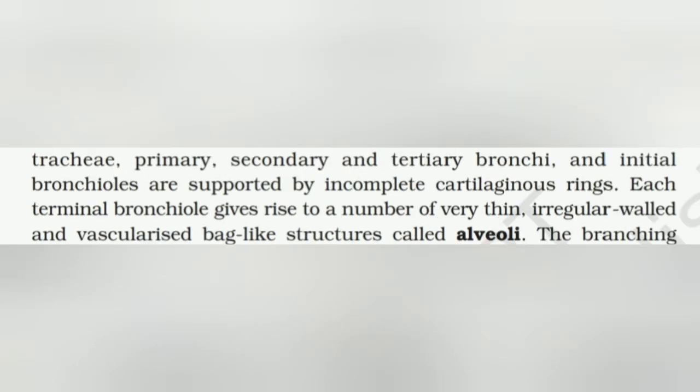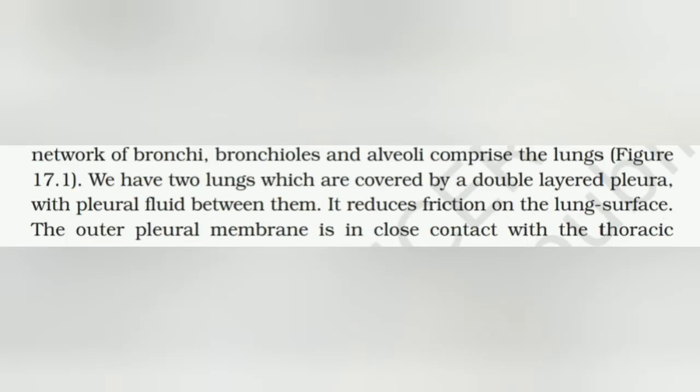The trachea, primary, secondary and tertiary bronchi and initial bronchioles are supported by incomplete cartilaginous rings. Each terminal bronchiole gives rise to a number of very thin, irregular-walled and vascularized bag-like structures called alveoli. The branching network of bronchi, bronchioles and alveoli comprise the lungs.